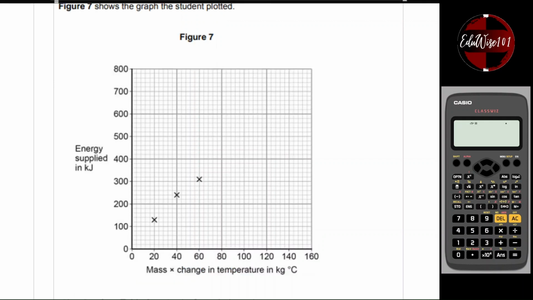So at 80 degrees, it's about 401. Now you can see that there's 5 boxes, so each box is about 20. So this is going to be a rough estimate.